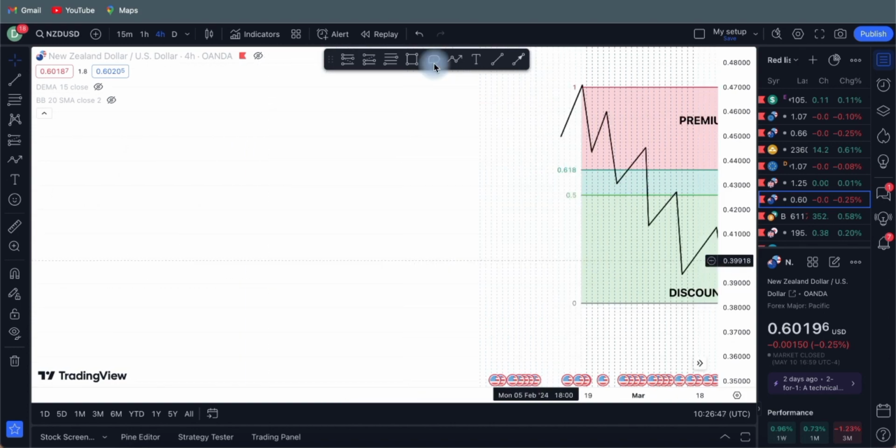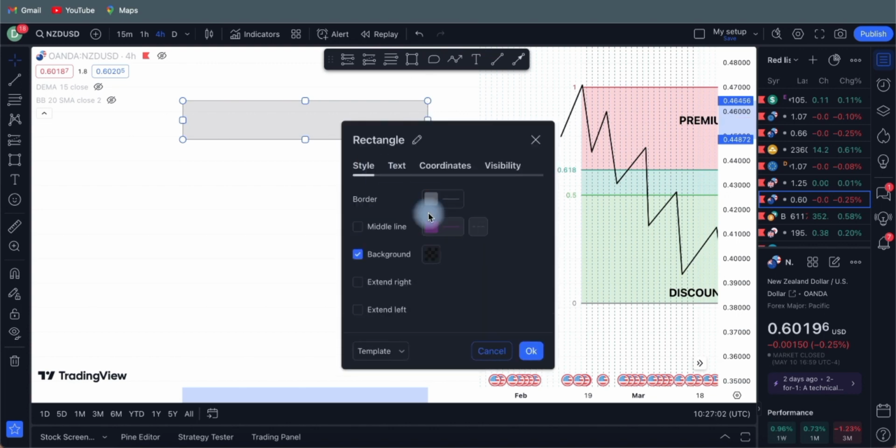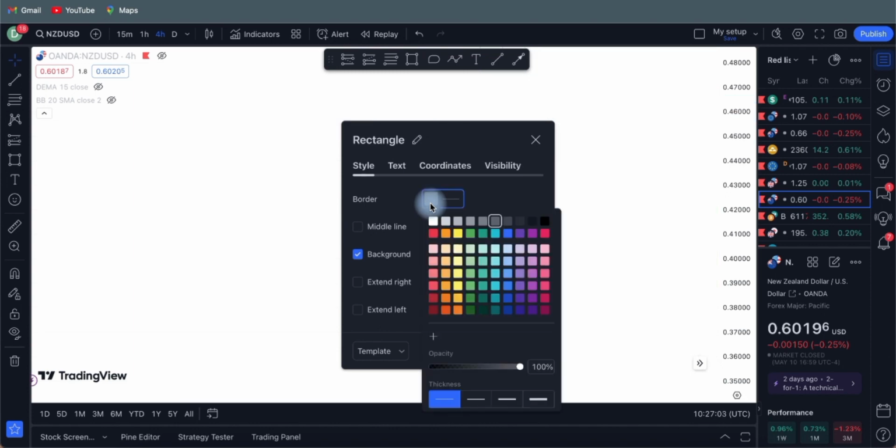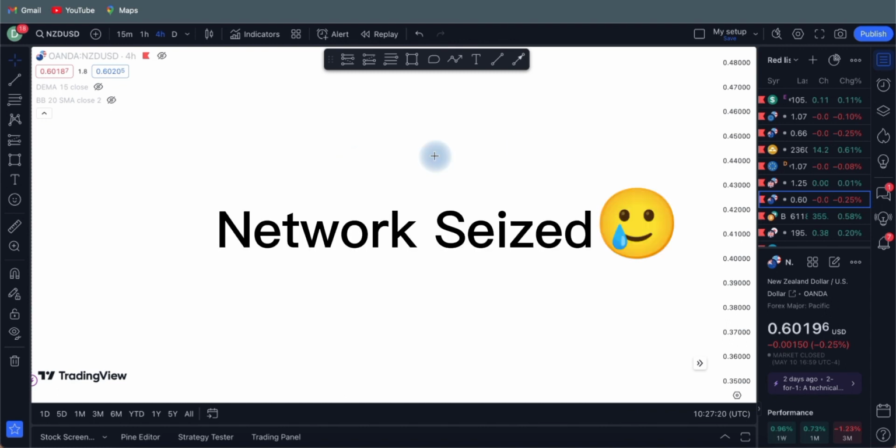So for example, this is what we call our supply zone, and I'm going to be marking it out and identifying it with a red color, the same thing we did with the discount zone and the premium zone.